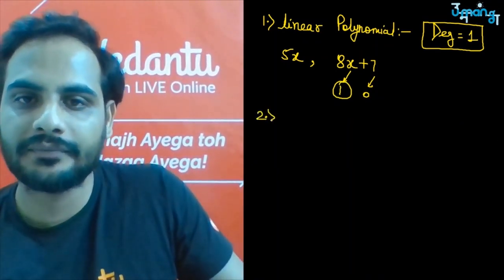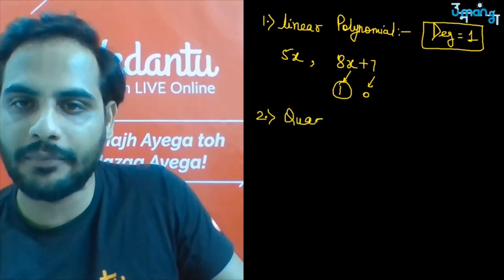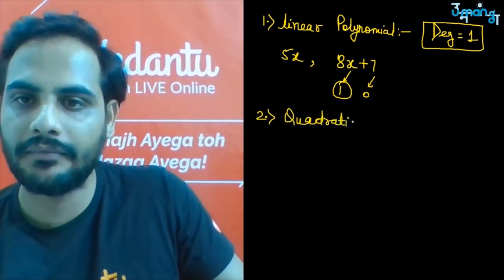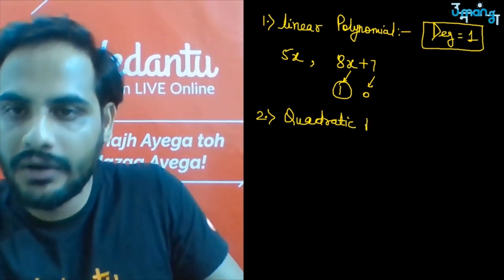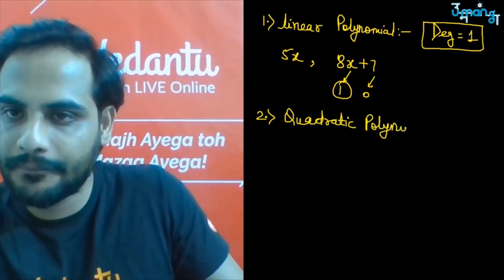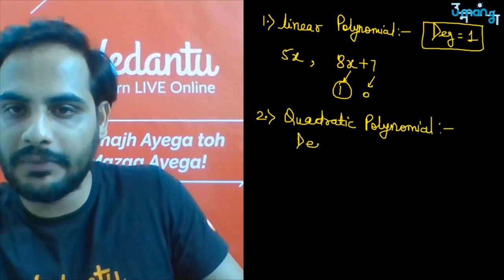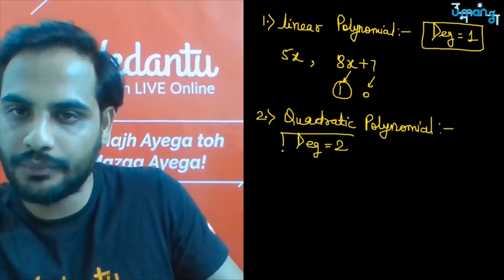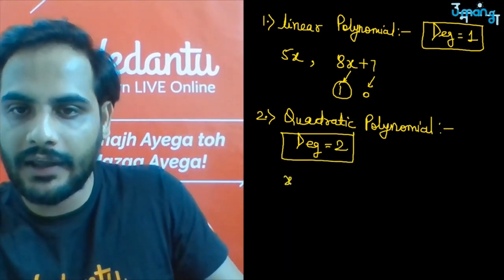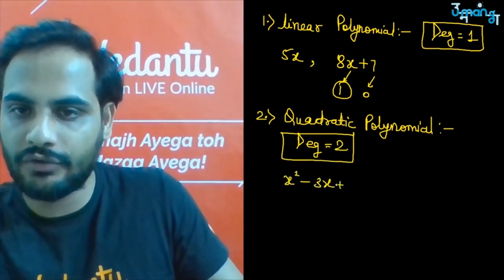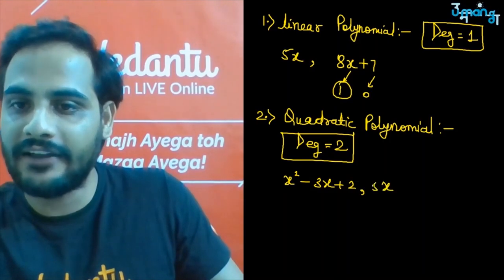Then comes your quadratic polynomial. Quadratic polynomials, as you know, have degree equal to 2. For example, x square minus 3x plus 2 or 5x square.